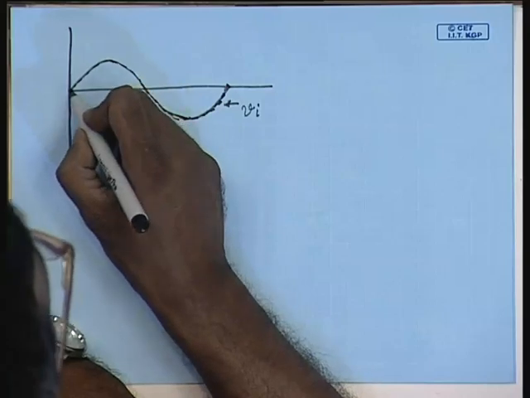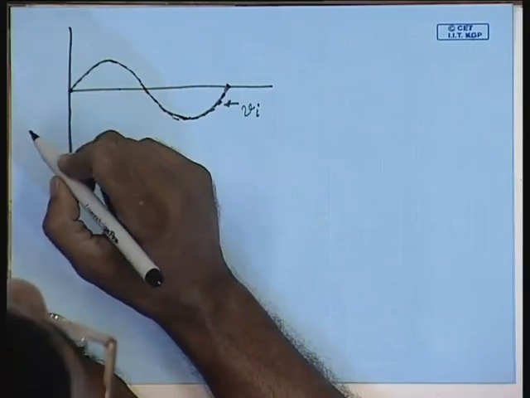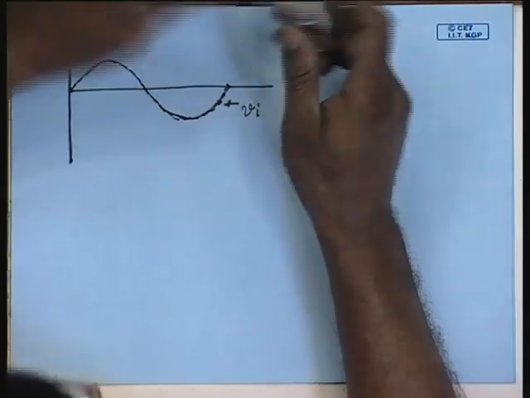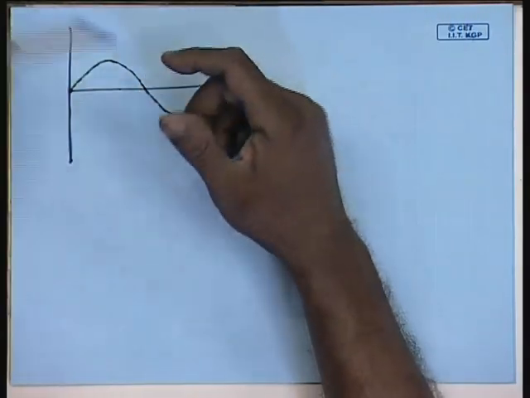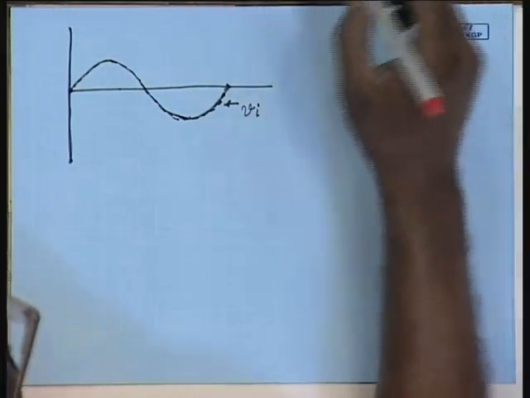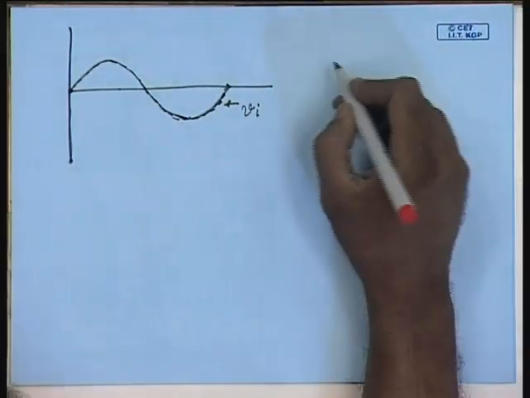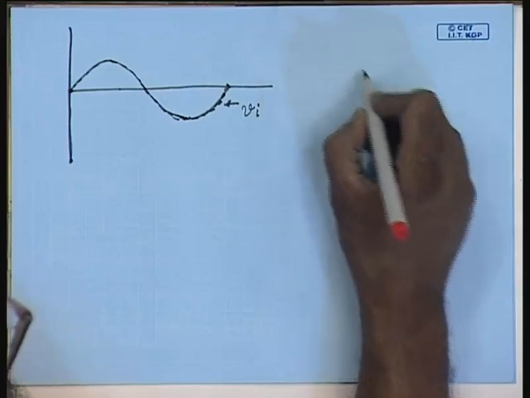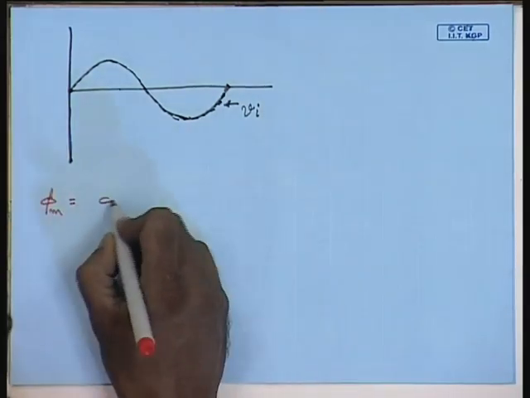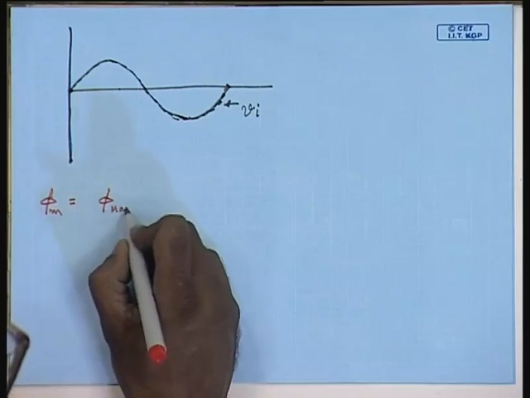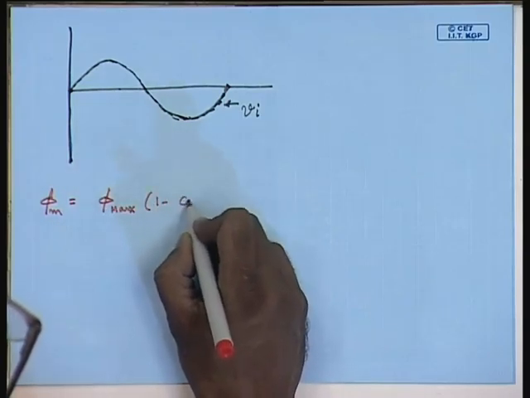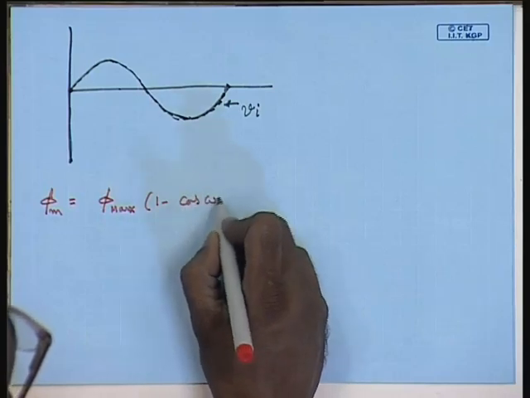We have switched it on at t equal to 0 when the voltage was 0. Then the flux waveform phi m is of the form phi max into 1 minus cos omega t.